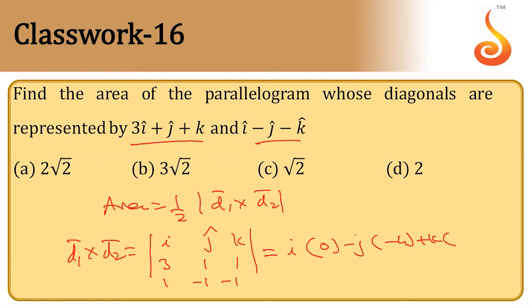So I into 0, j into, only 4j comes now, k will come now, minus 3 minus 1, minus 4 comes. Yes, this will be 4j minus 4k. And calculate half into the magnitude of this one: half into root over 16 plus 16. Now take the answer.